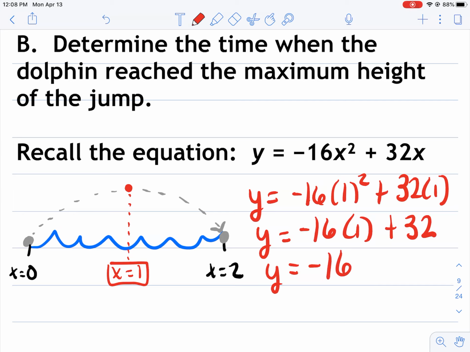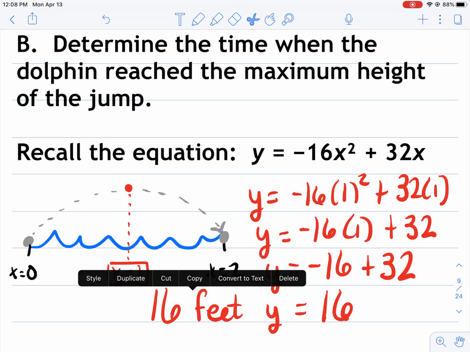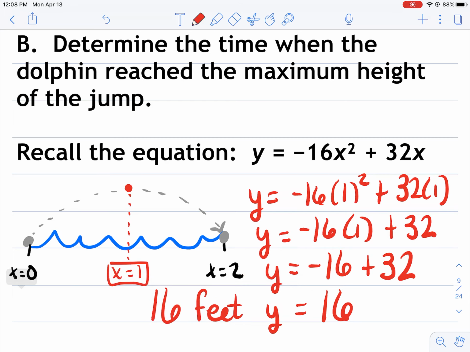So y equals negative 16 plus 32, which is 16. So the maximum height of the jump is 16 feet. The dolphin jumps a maximum height of 16 feet.